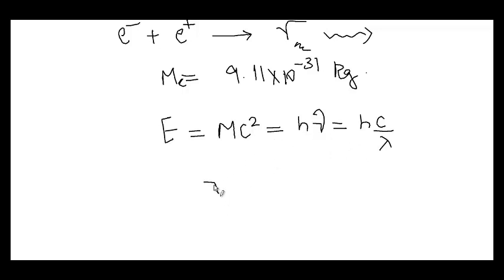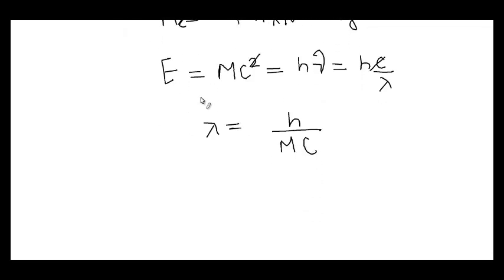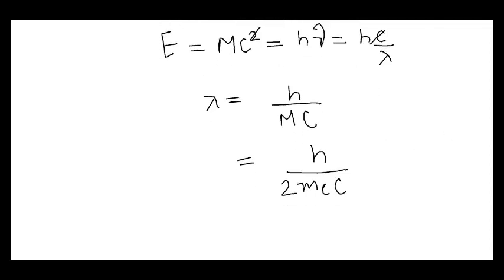So lambda will be equal to, I can cancel out one c and one c here, so I'll have h by m into c. But here m is not simply m, it will be 2 me, because you have a positron and an electron which have the same mass. So this is a collective mass.